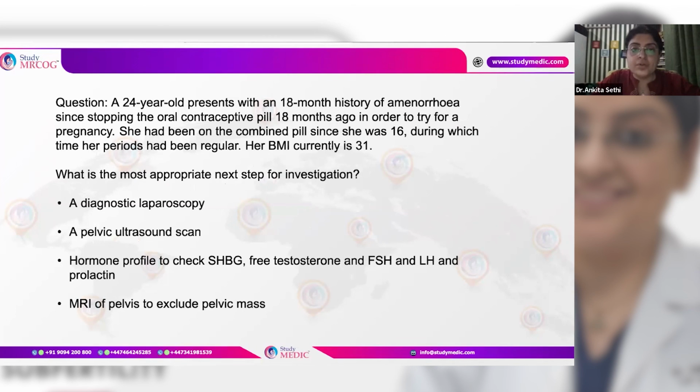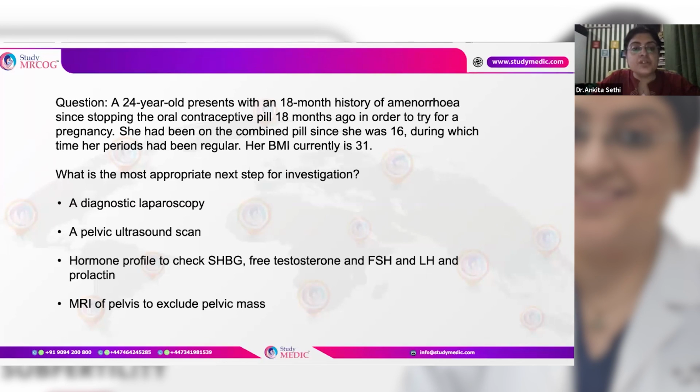A 24-year-old presents with 18-month history of amenorrhea since stopping the oral contraceptive pill 18 months ago in order to try for pregnancy. She had been on combined pills since she was 16, during which time her periods were regular. Her BMI currently is 31. What is the most appropriate next step for investigations?